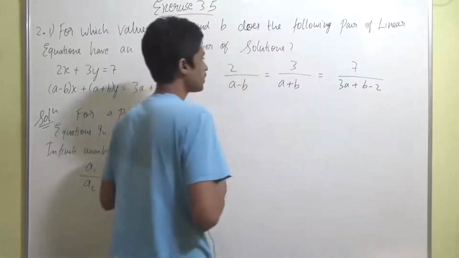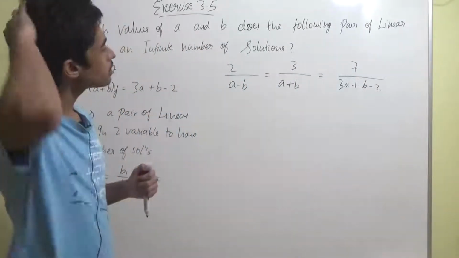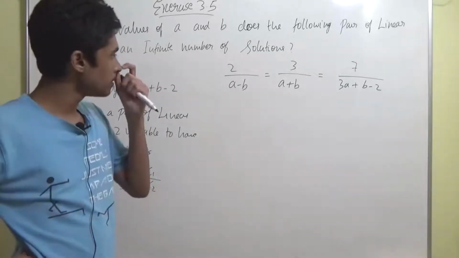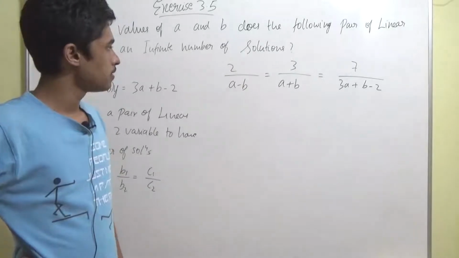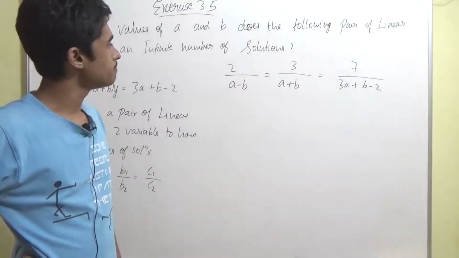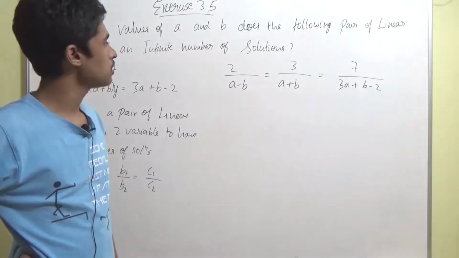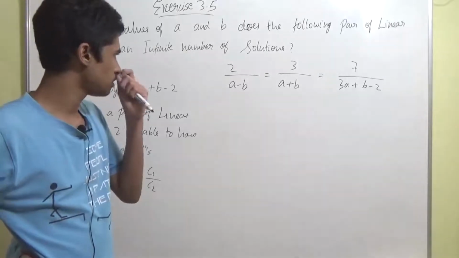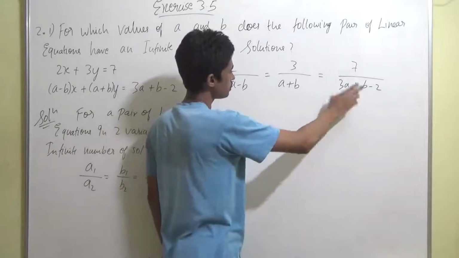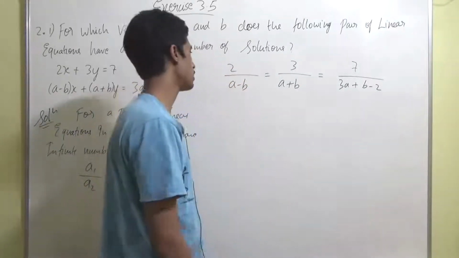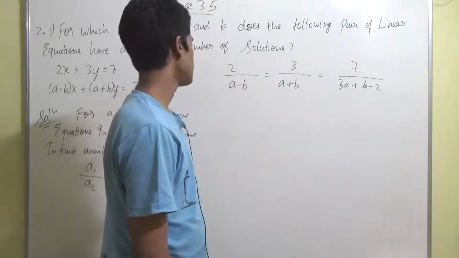Right. Now let's find the value of A and B. Now guys, to find the value of A and B, you have to solve it two times, I guess. One is going to be like, yeah, that's the only possible. So guys, what you do, these two you have to solve first, and then you have to solve these two. From those two equations, you have to find the value of A and B. Right.